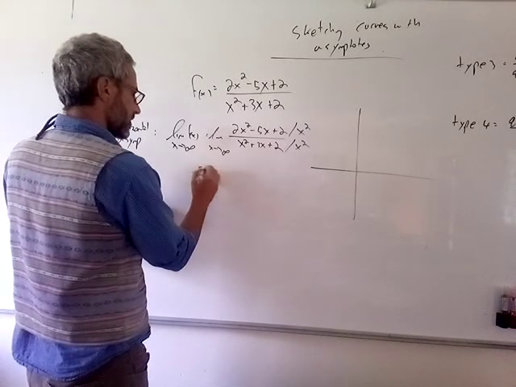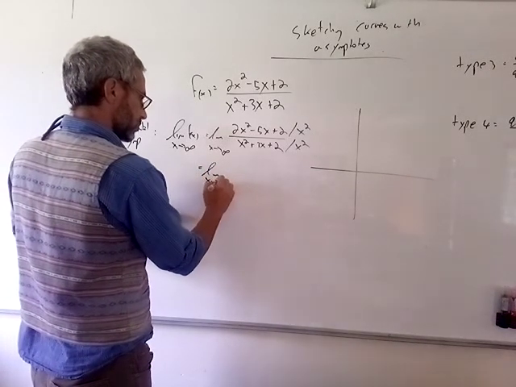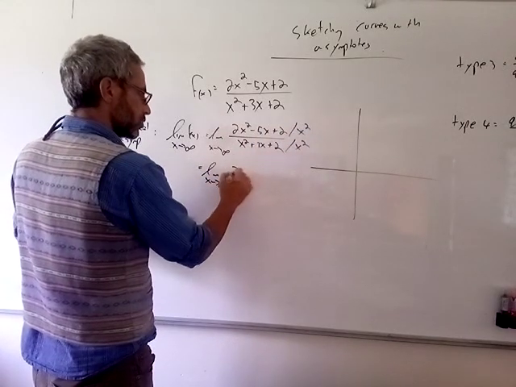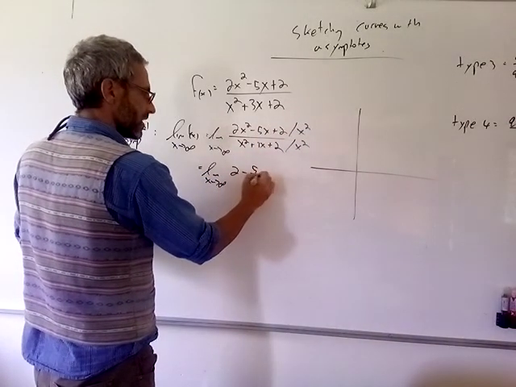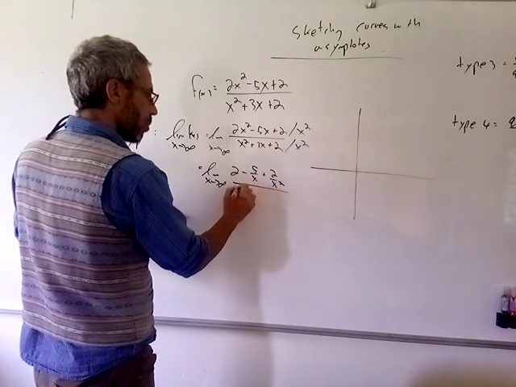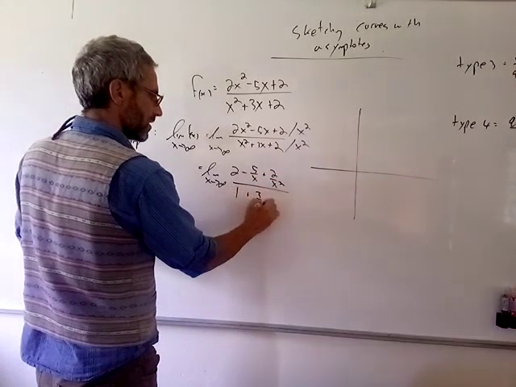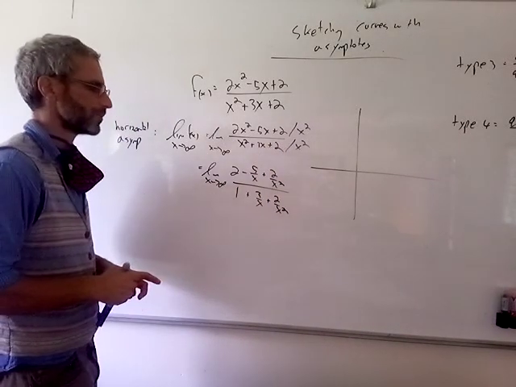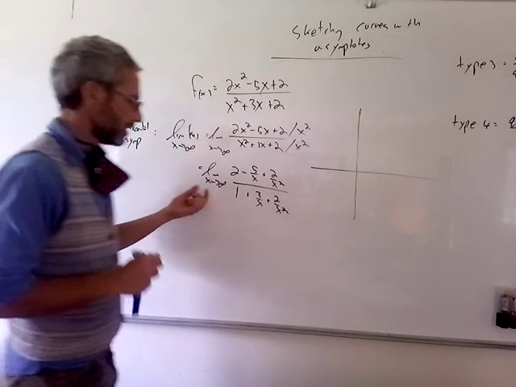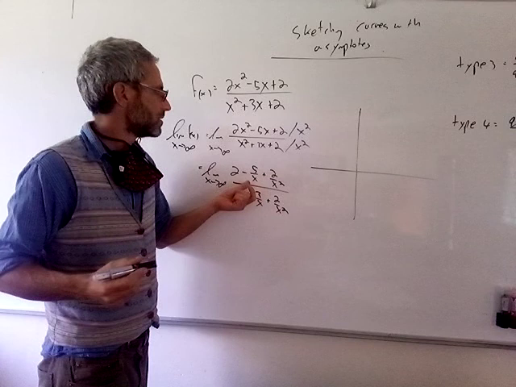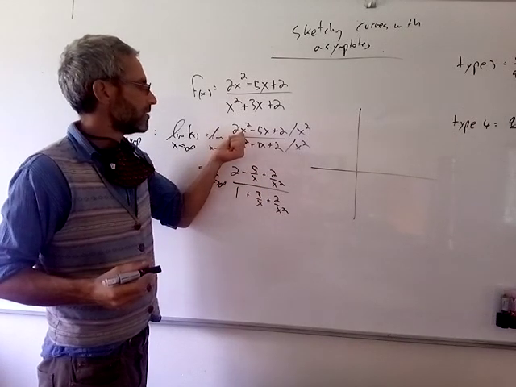So what I will get is the limit as x approaches infinity of 2x squared divided by x squared, which is 2, minus 5 over x plus 2 over x squared, divided by 1 plus 3 over x plus 2 over x squared. Everything divided by x squared. Now I can substitute x is infinity. Why couldn't I do it before?